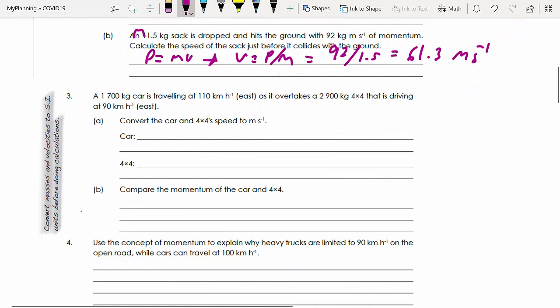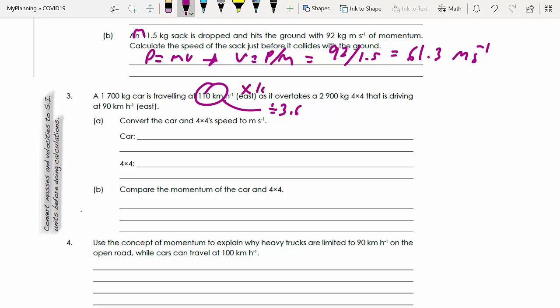Question 3, a 1700 kilogram car is traveling east at 110 kilometers per hour. And so to turn that into meters per second, we divide by 3.6. Where does 3.6 come from? Well, we could times this by 1,000 because there's 1,000 meters in a kilometer, and in an hour there's 60 seconds times 60 seconds, so 3,600.